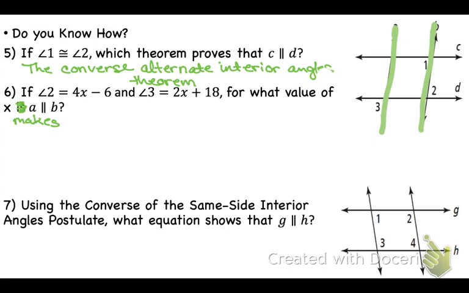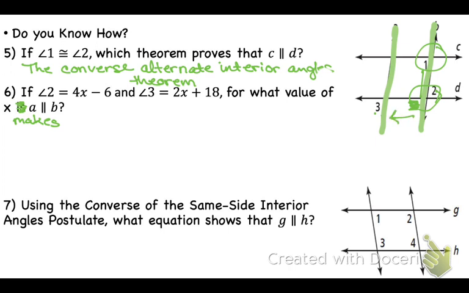Now, my problem is 1 and 3 are not on the same transversal, are they? So I would have to get from here to here. And 1 and whatever angle this would be corresponding, correct? And then could I move from here to here?